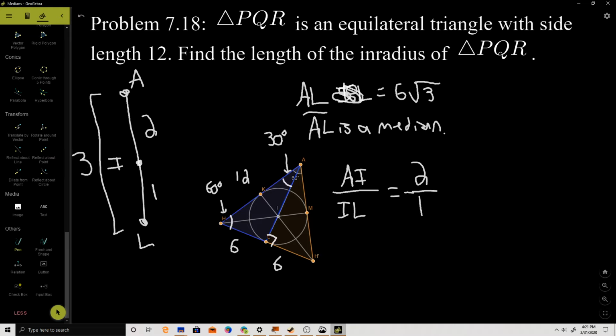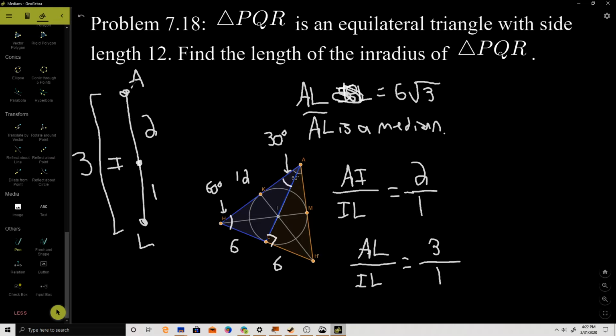Which means that if I were to come up with a ratio of the entire line AL to the part I want, IL, that would become a 3-to-1 ratio. So AL over IL is equal to 3/1.